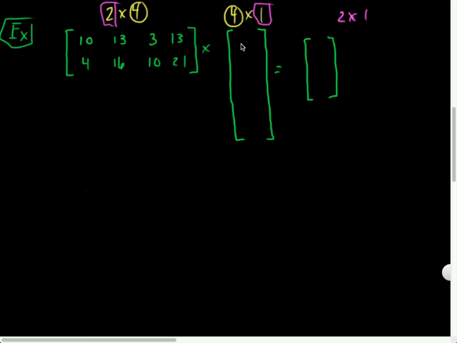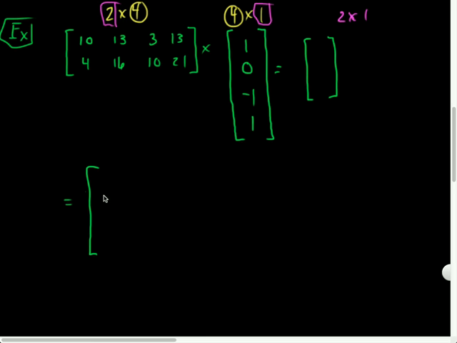And then let's actually make this nicer for us. Let's do 1 and 0 and -1 and 1, because I don't feel like multiplying 13s by stuff. A conveniently made problem. All right, so I've got a 2 by 1 here. Let's figure out our first element.